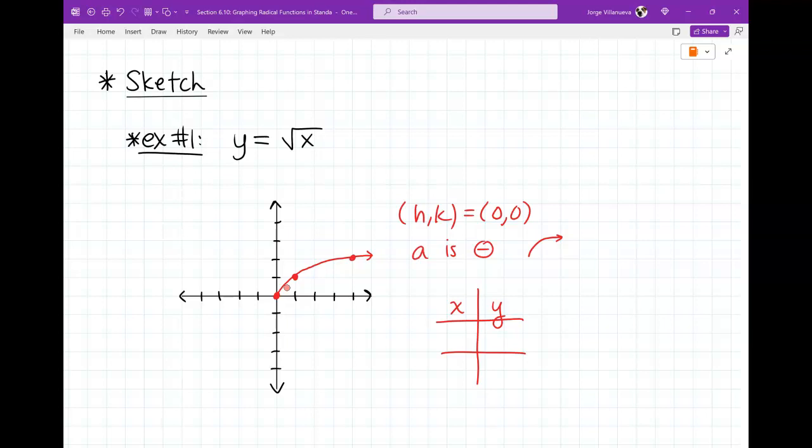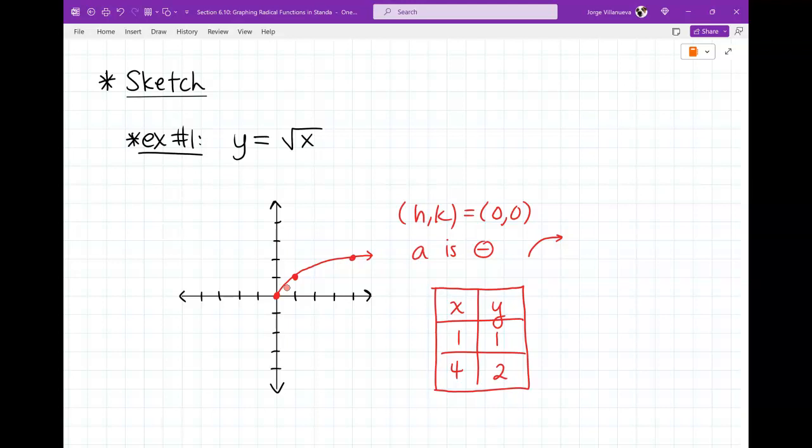I had to think about it. Sometimes you can't pick numbers because your graph doesn't let you. But if you can, it'd be nice if you do it. If you can't, that's okay. Just sketch. But notice, I was able to pick a couple numbers. They worked. I'm done. That's my sketch.